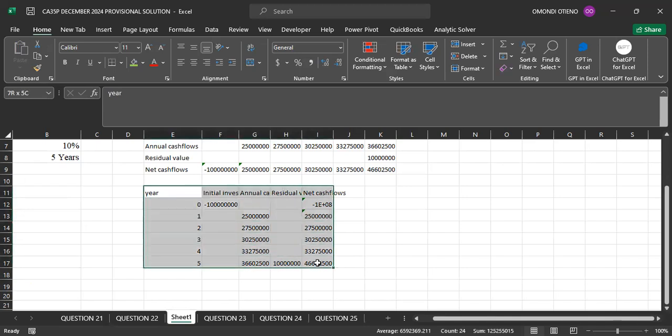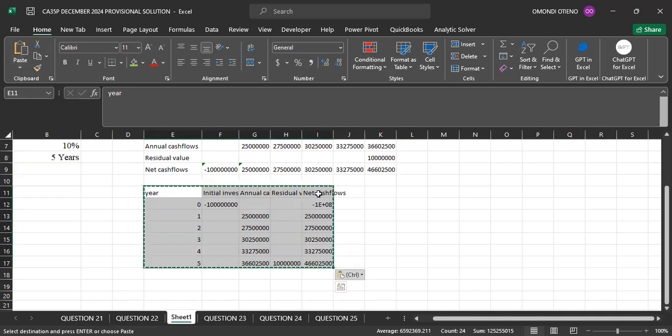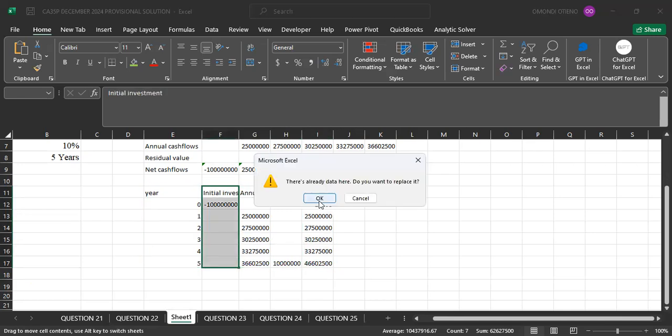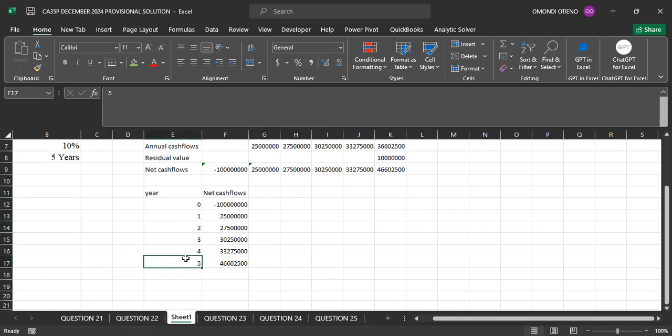I simply come to this part here, copy and paste values. I come and paste values only, for me to be able to get all that I need. So having done that, we now have the net cash flows in period 0 up to period 5.